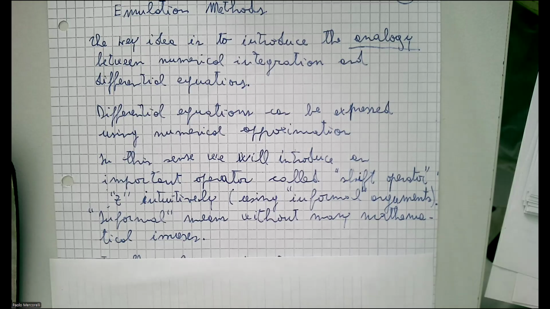Now, this could be done at any time, and we will introduce an interesting operator, this Z operator, which basically represents a shift operator, which can help to build the analogy between the Laplace transform, which I didn't tell you about, I will tell you a little bit now, probably you know it from different courses, and the zeta transform, in which zeta is an extremely complicated variable, but I try to introduce it in a really easy form.